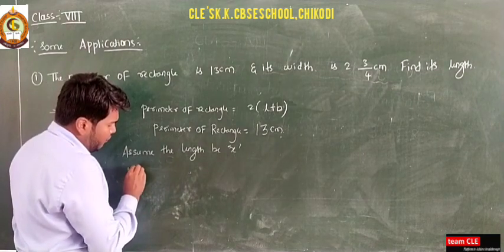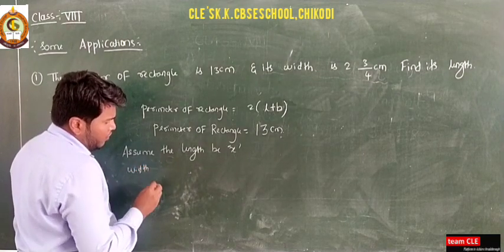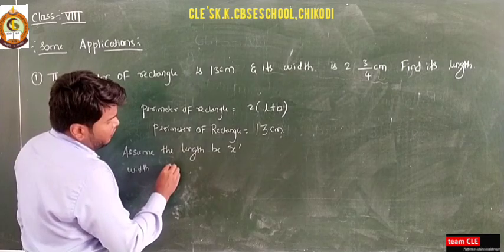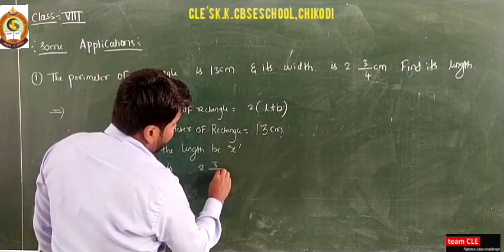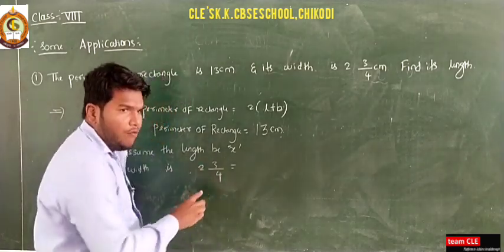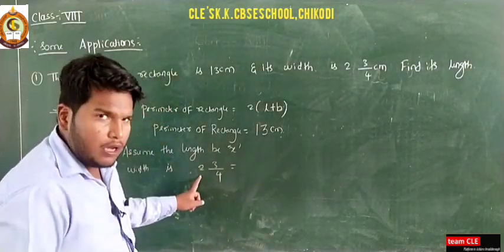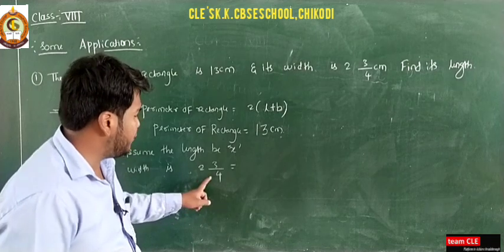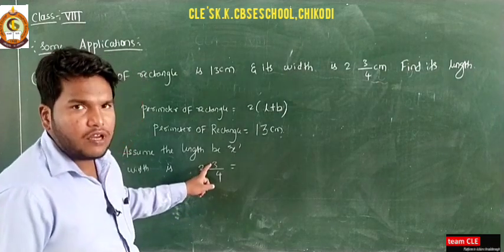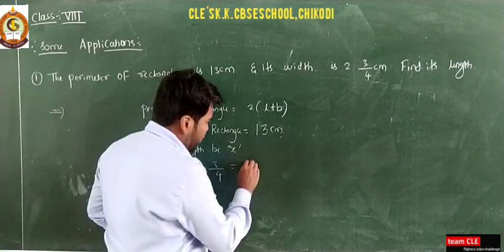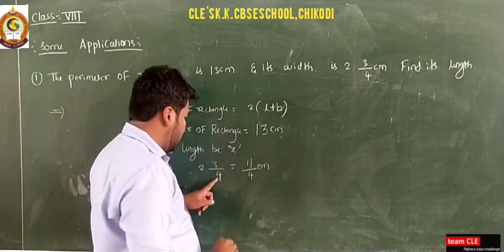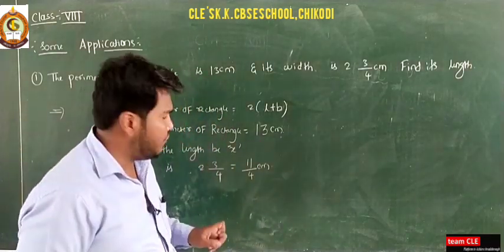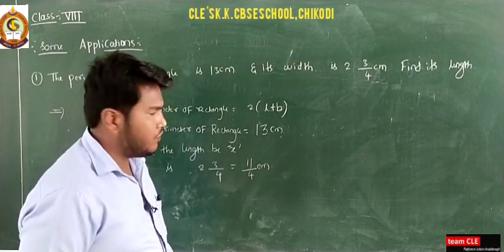The width given is 2 integer 3 by 4. This is in the form of a mixed fraction. First of all, convert it into an improper fraction. 4 2s are 8, 8 plus 3 is equal to 11. This is 11 by 4 centimeter.